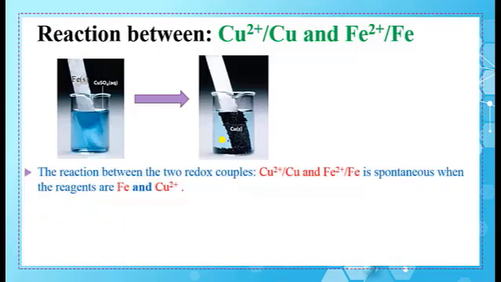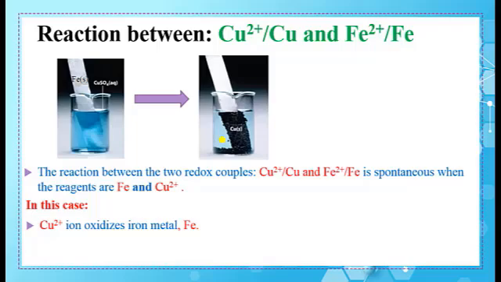The reaction between the two redox couples, Cu2+/Cu and Fe2+/Fe, is spontaneous when the reagents are Fe and Cu2+. It's important to note that no reaction takes place between Fe2+ and Cu. Now, in this case, we say that Cu2+ ions oxidize iron metal Fe.